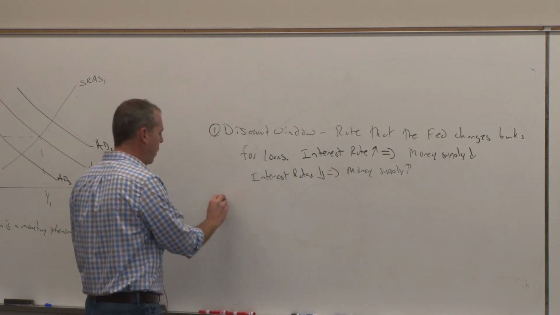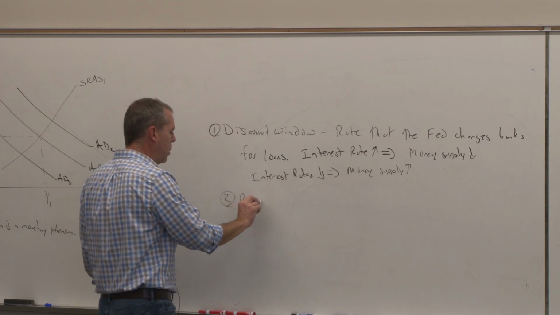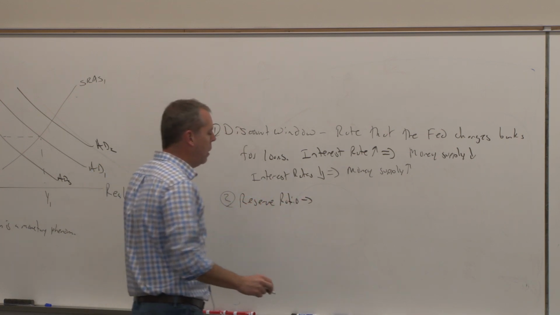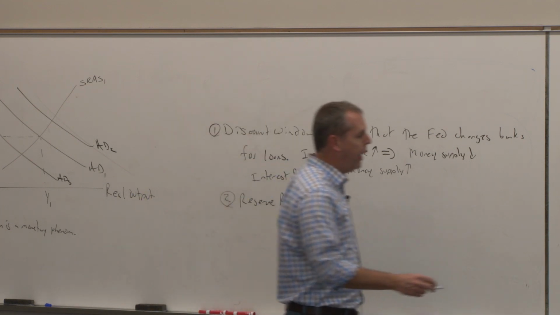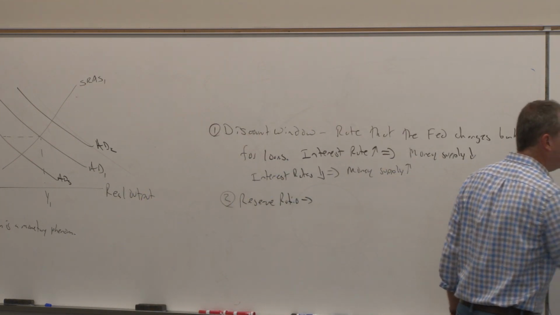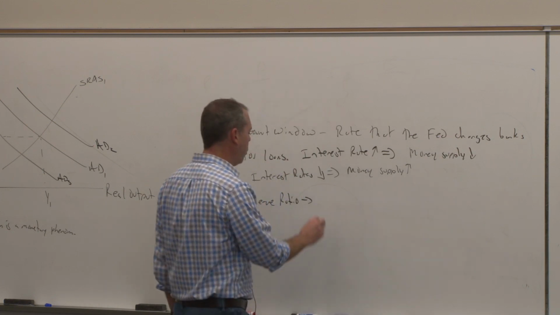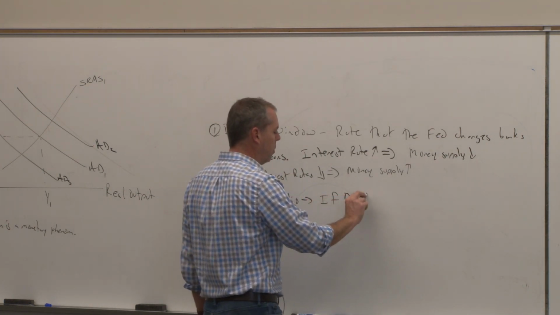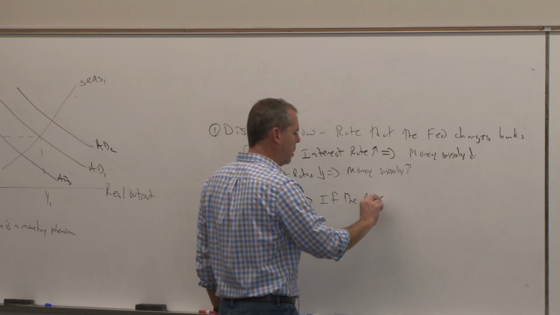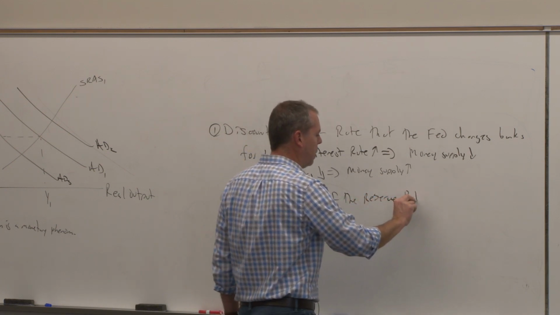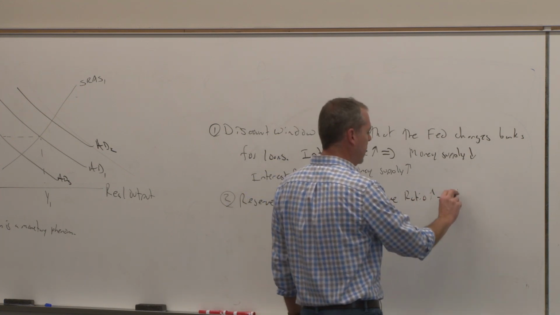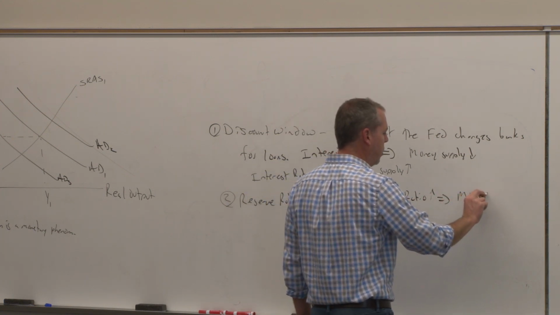We have our reserve ratio. We can change this required reserve ratio. All right, so if we increase the reserve ratio, then what do you think is going to happen to the money supply?